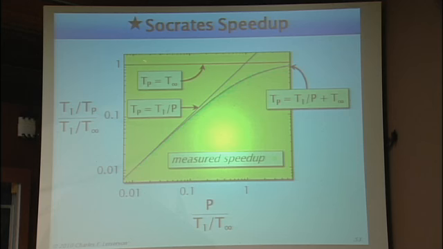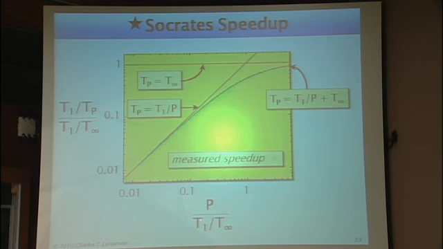So here 1 says that I got exactly the maximum possible speedup that I can get, because the maximum possible value of T1 over TP is T1 over T infinity. So that's sort of the maximum. On this axis, we said how many processors you're running on. Well, we looked at that relative to essentially the slackness.